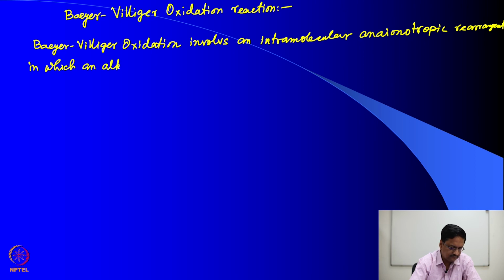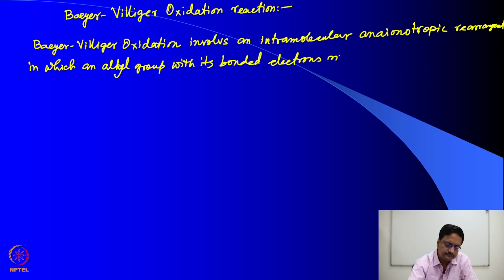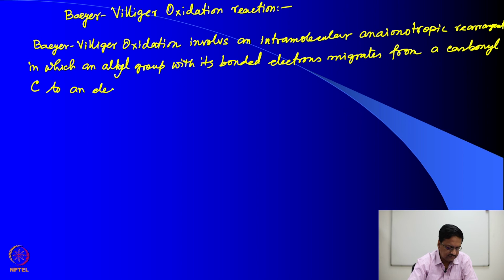an alkyl group with its bonded electrons migrates from a carbonyl carbon to an electron deficient oxygen atom.